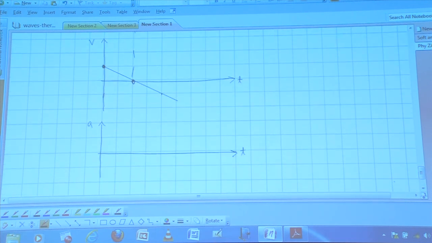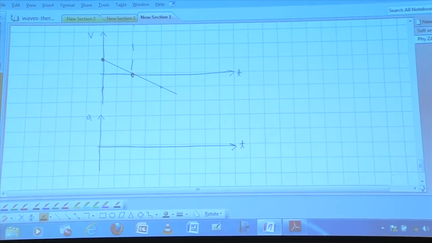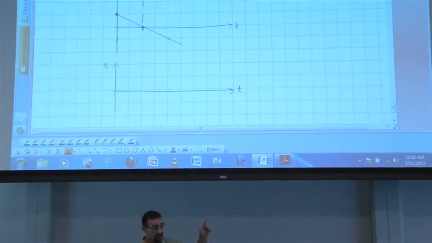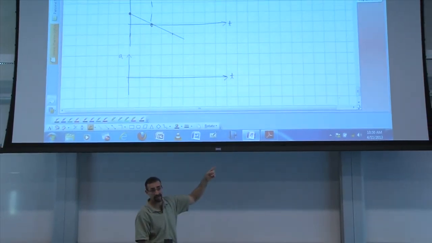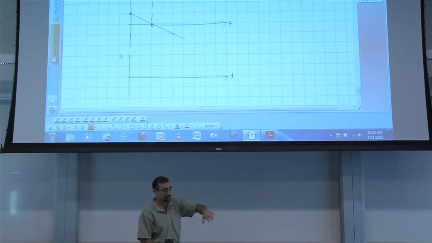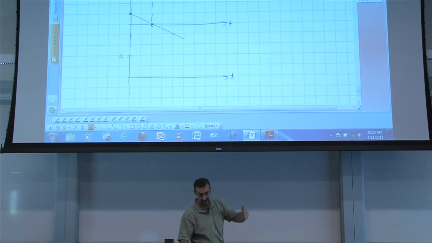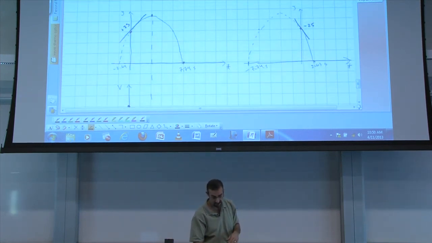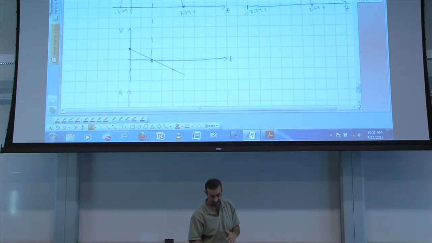Why is it linear? Because we said that acceleration was constant the whole time. And what is the slope of the velocity versus time curve? Acceleration, right? Acceleration is change in velocity over change in time. Velocity is change in position over change in time. So that's a slope. So the slope of position versus time gives us velocity. And the velocity is changing, right?